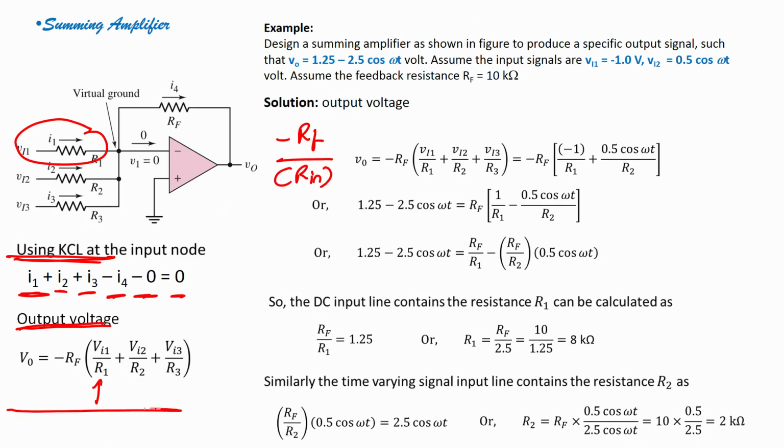That means output voltage is the summation of the input voltages, and you can change the gain with the help of RF and input resistors. That means it is not only providing a summation, it is also providing the amplification.